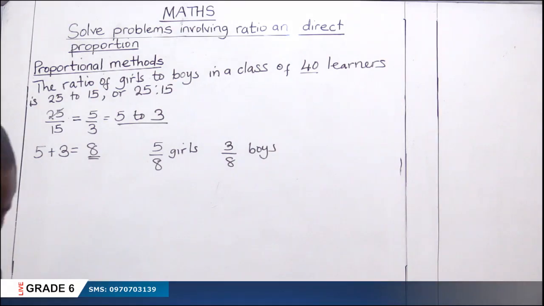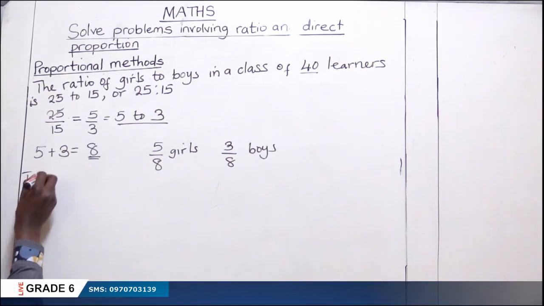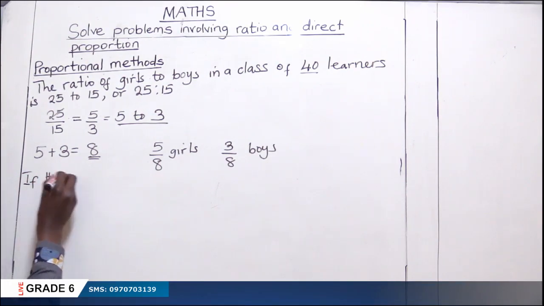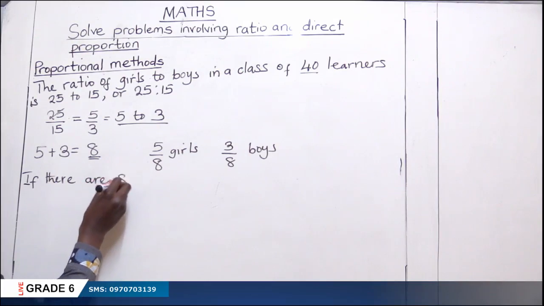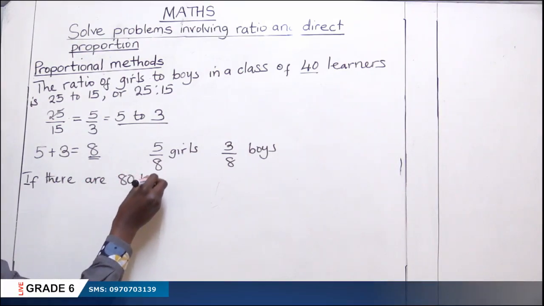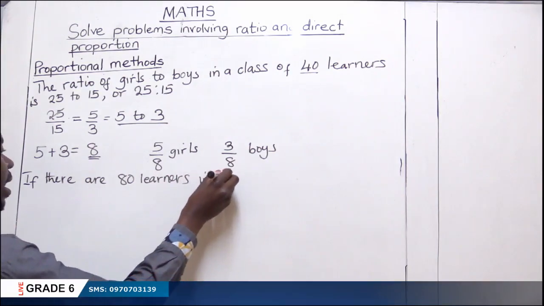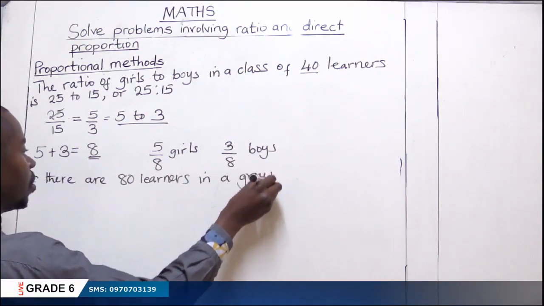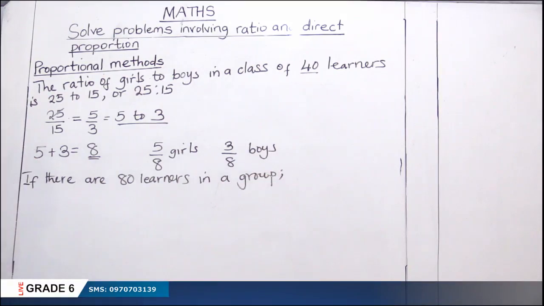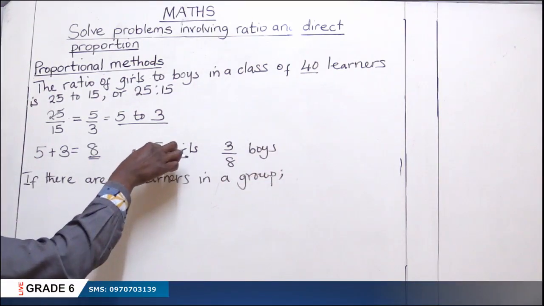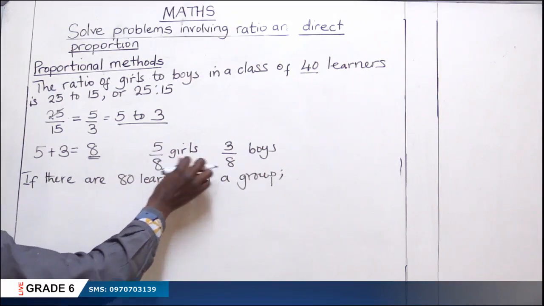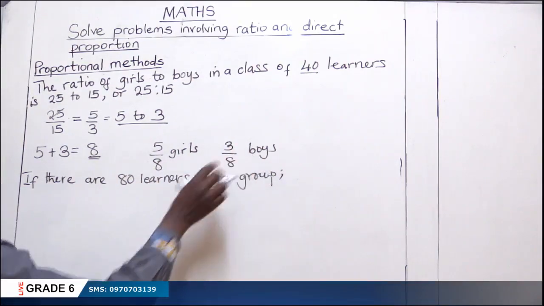Now, if there are 80 learners in a group, we know that 5/8 is for girls and 3/8 is for boys.